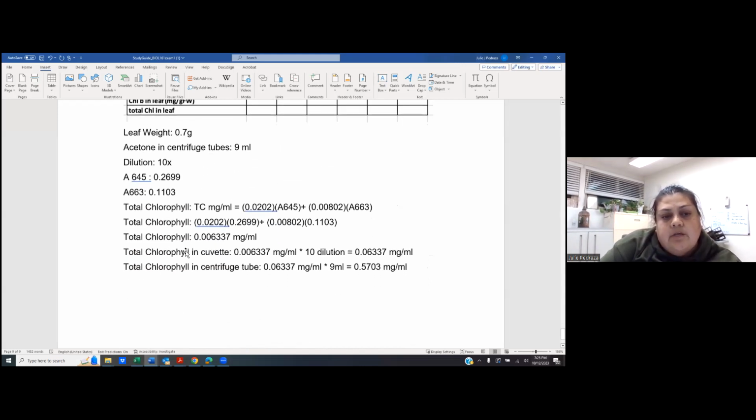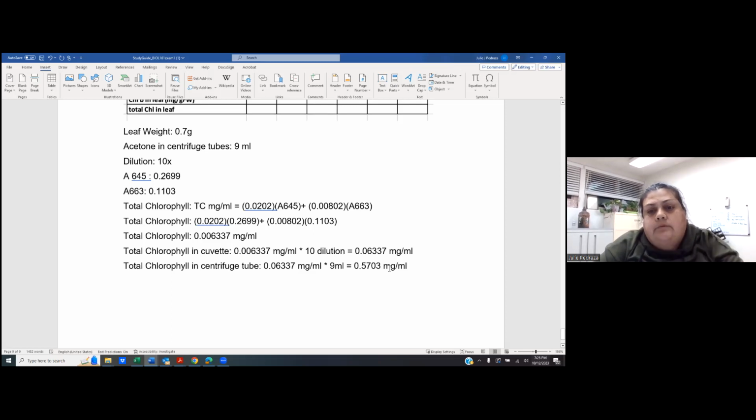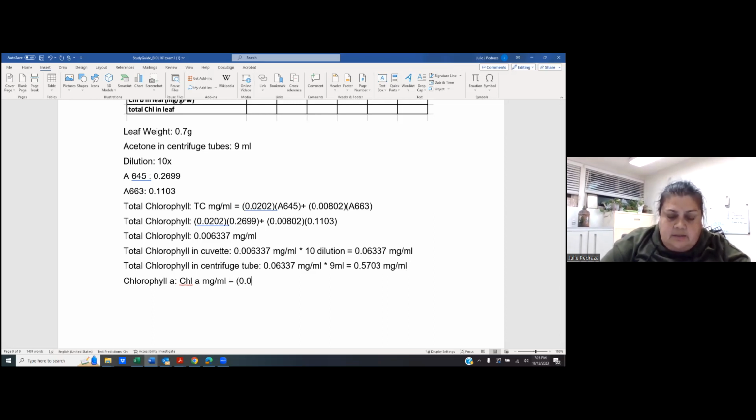So chlorophyll A's equation, this is the constant.